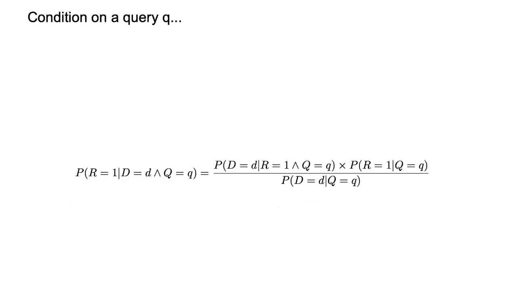So I condition everything on the fact that the query is Q. It's just that you're zooming in on the specific query you're looking at, but that formula is still true. Okay? So now, if I do that, maybe I will find a way of simplifying this to the point that it becomes implementable. But there's a bit of work to do, and now we're going to work on that.